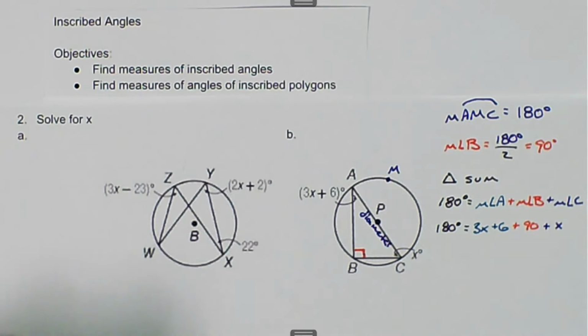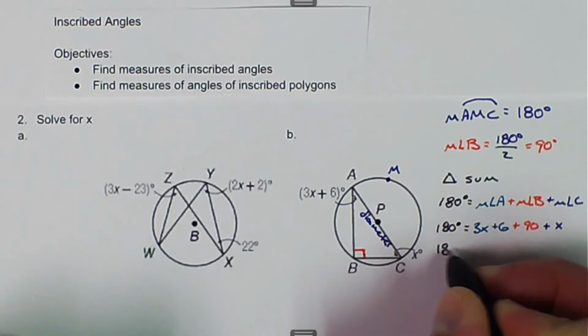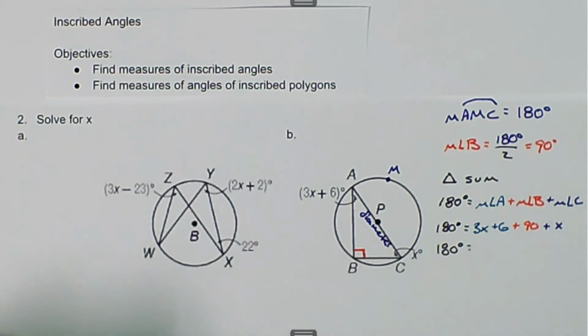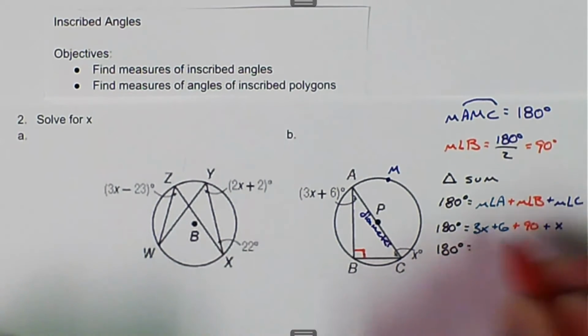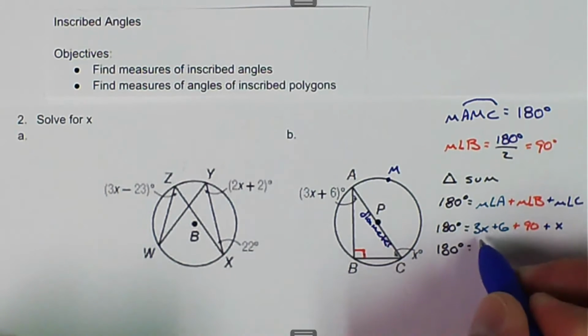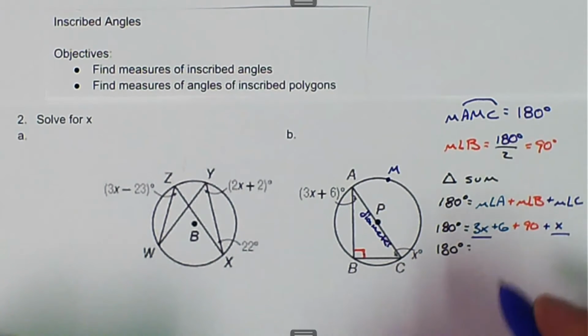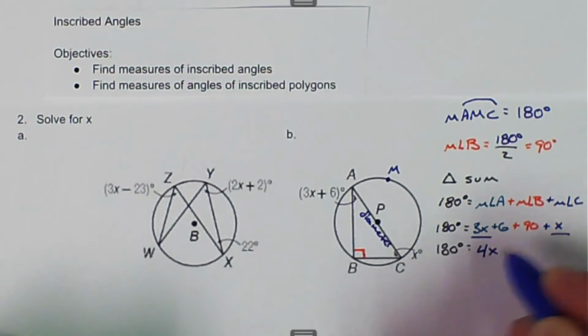So we can combine some like terms. We bring down the 180 degrees, and then we get 3x plus x, so that is 4x, and 6 plus 90 is 96.